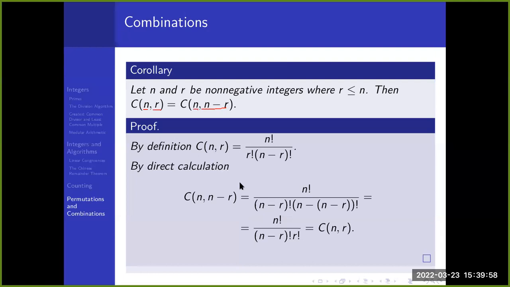So it is possible to solve this just by direct calculation. We know the formula is this. And if we compute, this is defined as that. So if you compute the number of n minus R permutations from a set with n elements, we still end up with the same formula. So they're equal. So that's one way of proving by direct computation.